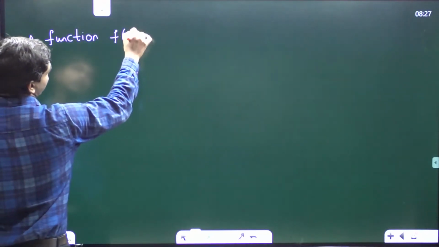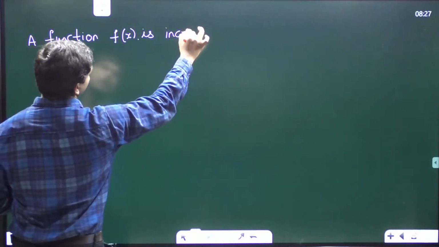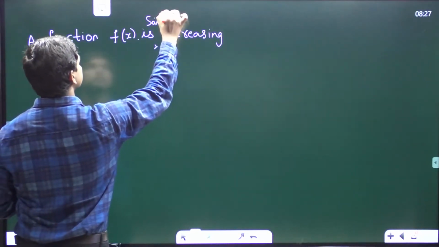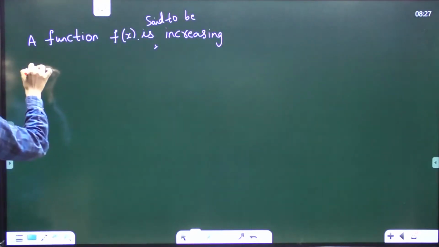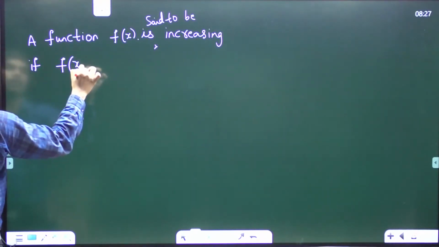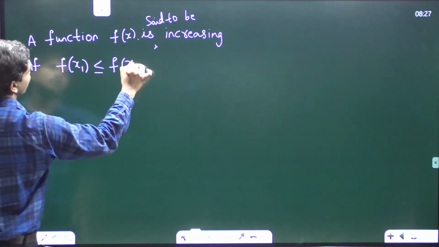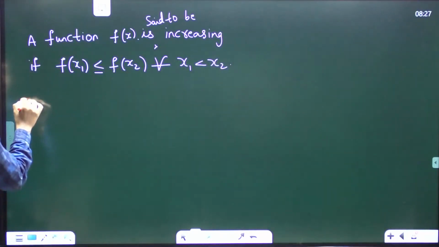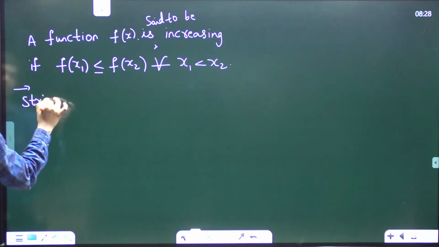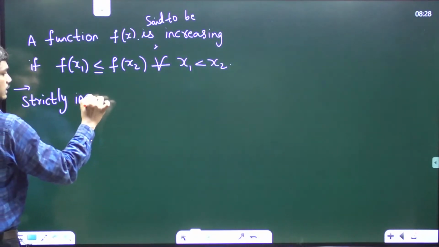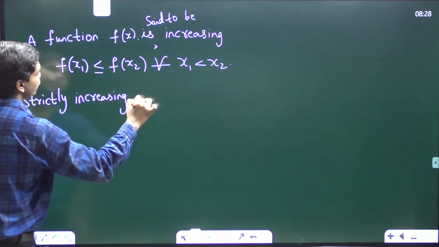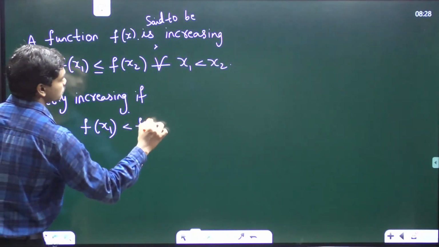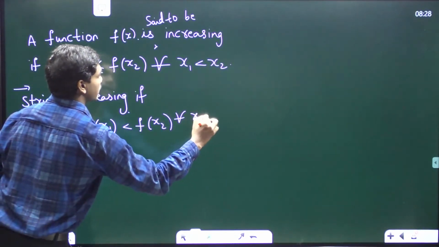A function f of x is said to be increasing if f of x1 is less than or equal to f of x2 for all x1 less than x2, and strictly increasing if f of x1 is less than f of x2 for all x1 less than x2.